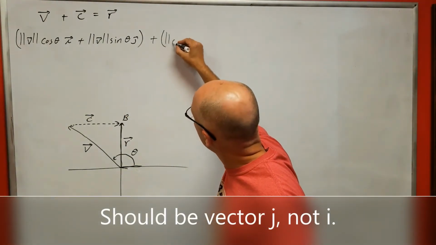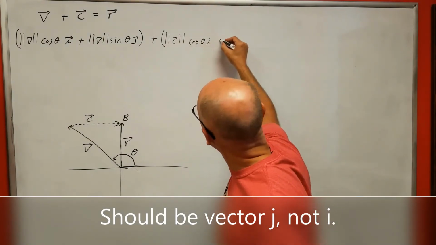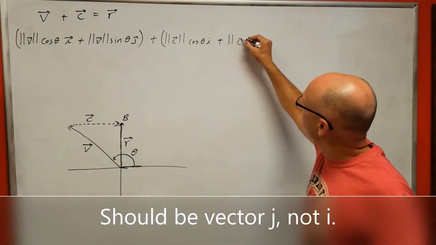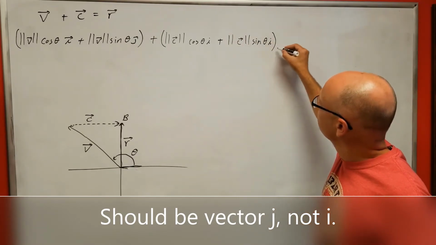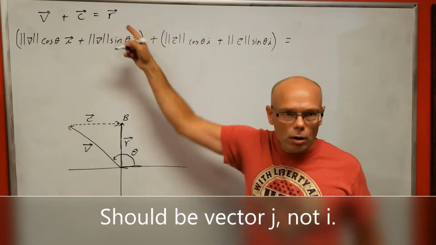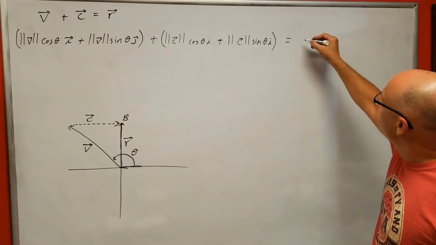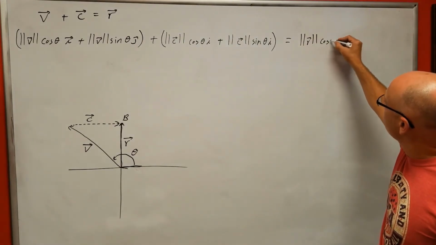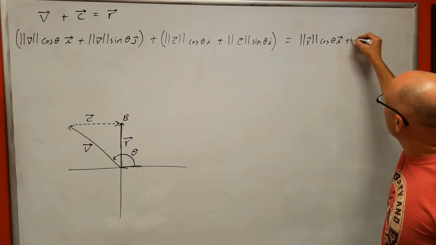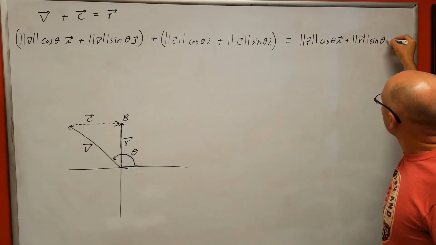Basically the same way, right? The magnitude of vector C times the cosine of theta i plus the magnitude of vector C times the sine of theta j is equal to vector R. What does vector R look like in terms of i and j vectors? It looks like the magnitude of vector R times the cosine of theta i plus the magnitude of vector R times the sine of theta j.